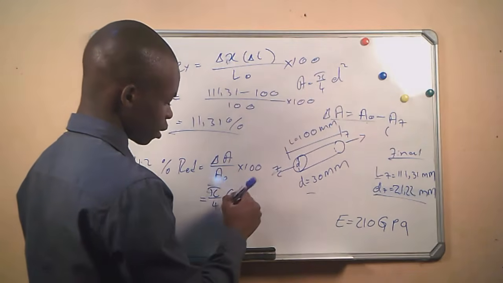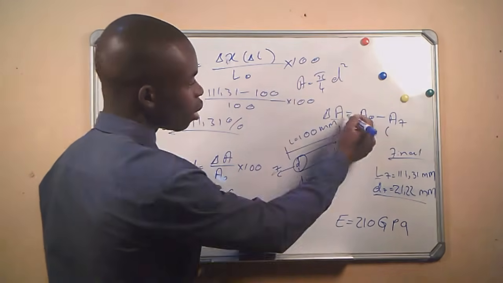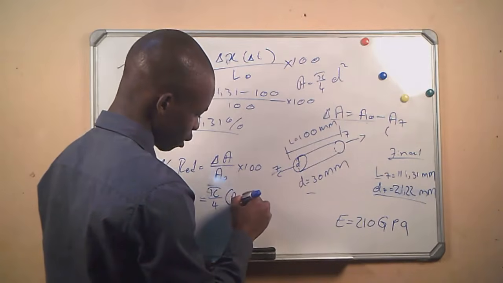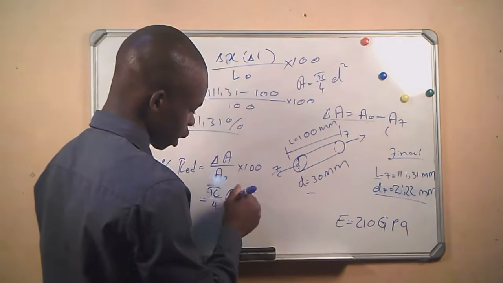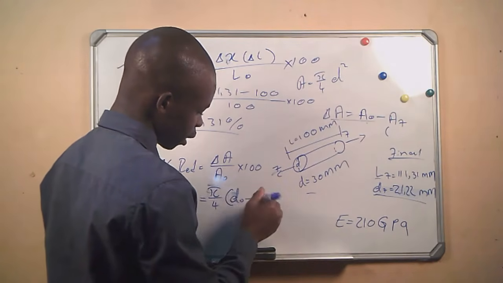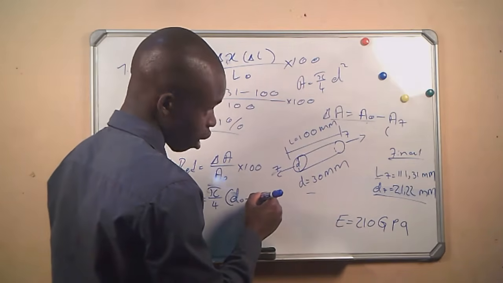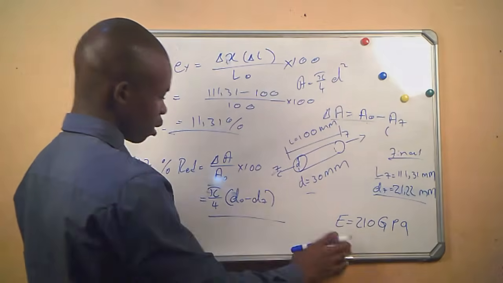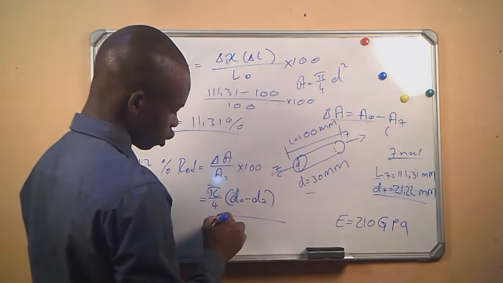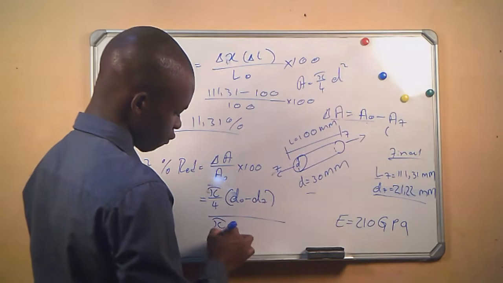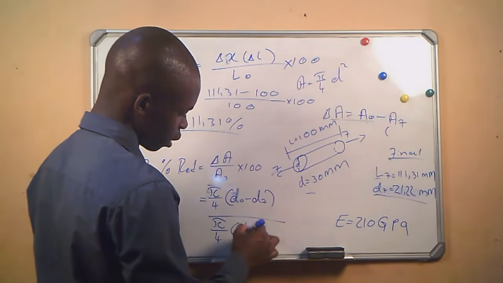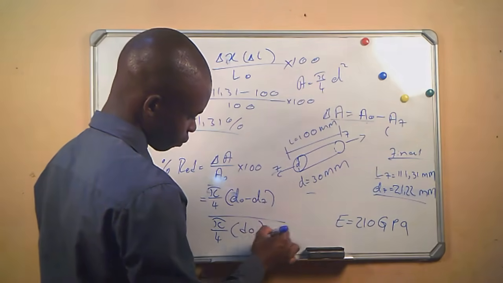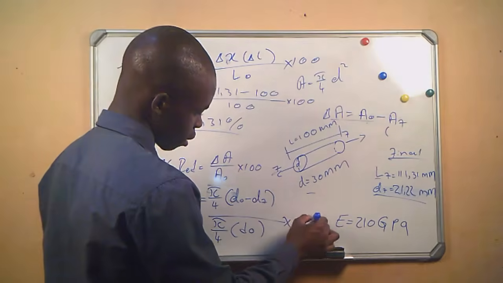We take the common factor, and then it will be the original diameter squared, negative the final diameter squared, divided by the original area, which is pi over 4 times the original diameter squared, times 100.